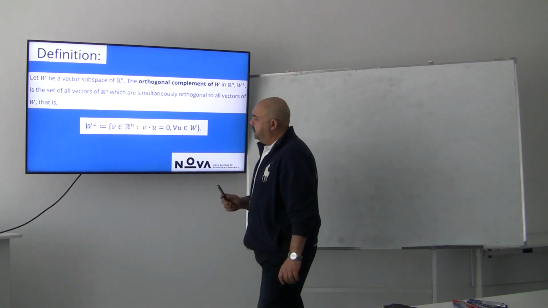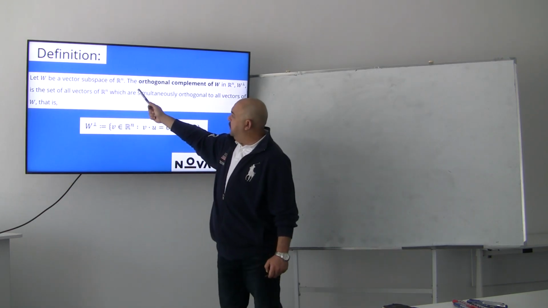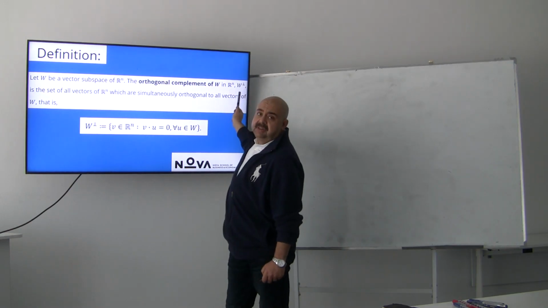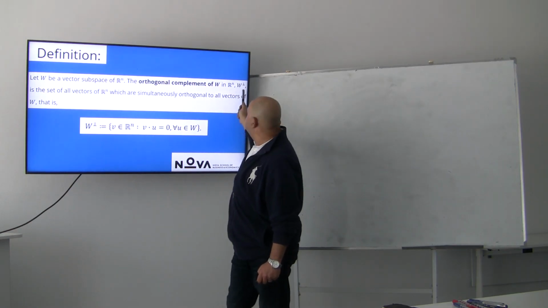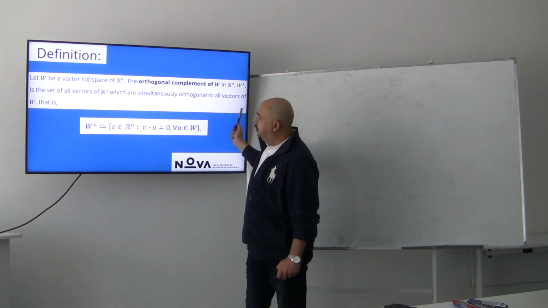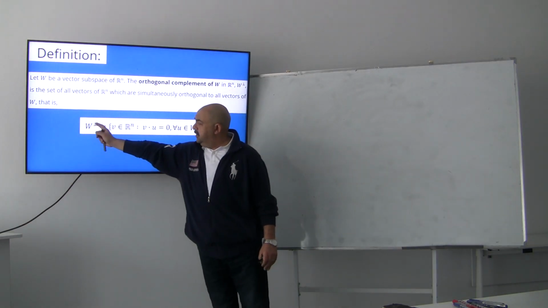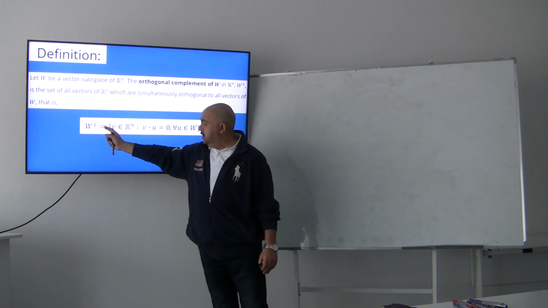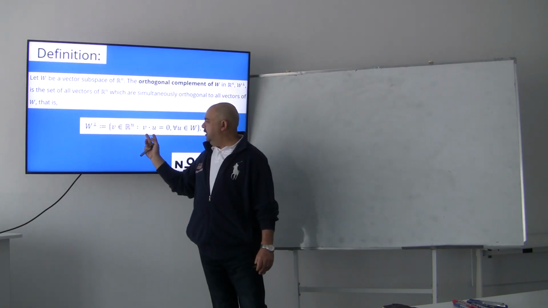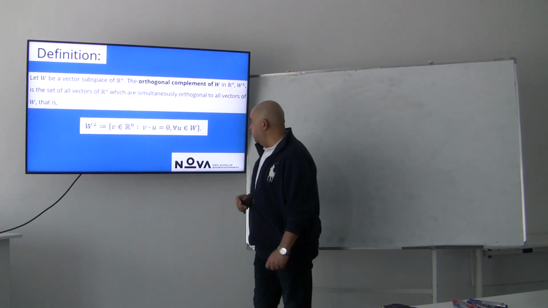Now, if W is a vector subspace of Rn, the orthogonal complement of W in Rn, written W perpendicular, is the set of all vectors which are simultaneously orthogonal to all vectors of W. It's the subspace of all vectors in Rn such that once you multiply them by all the vectors in W, the result equals 0.